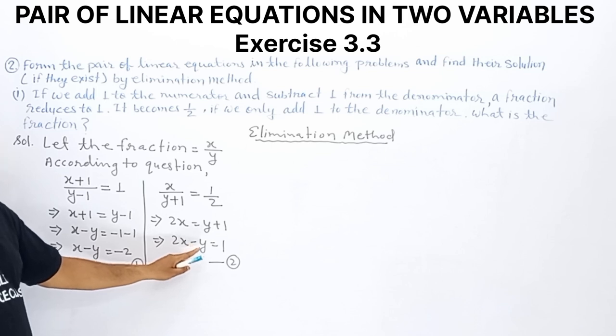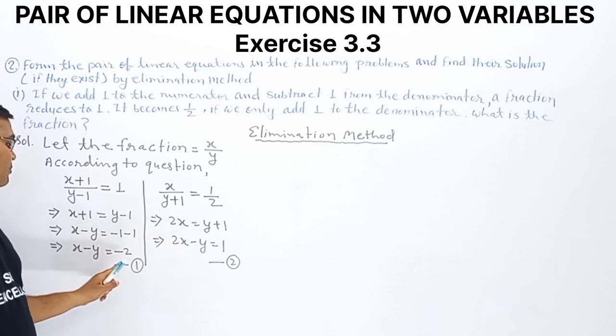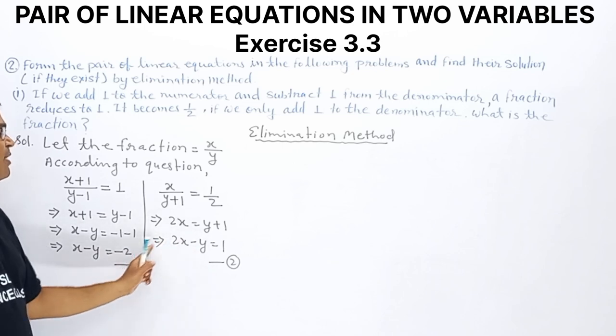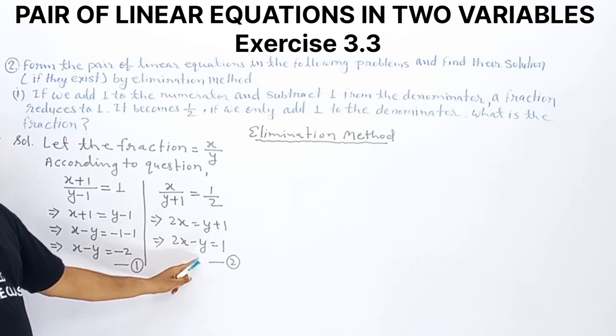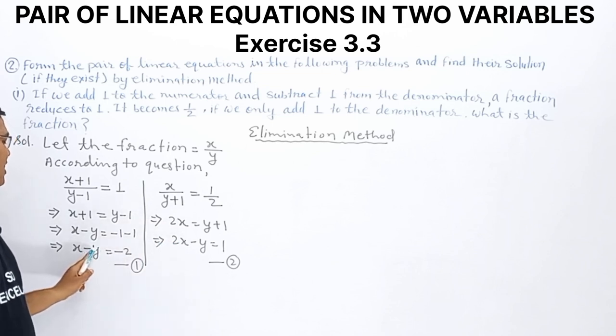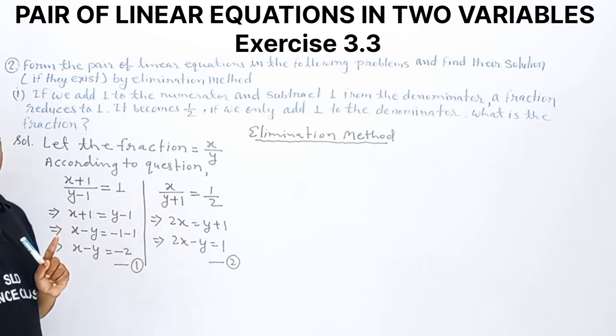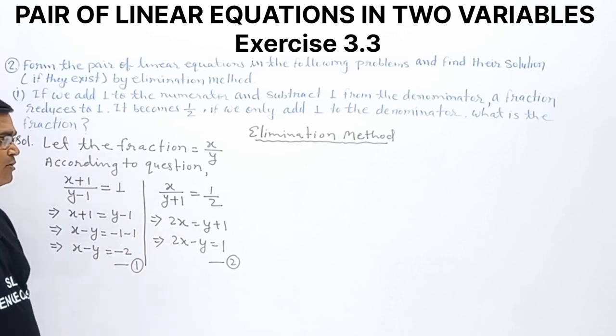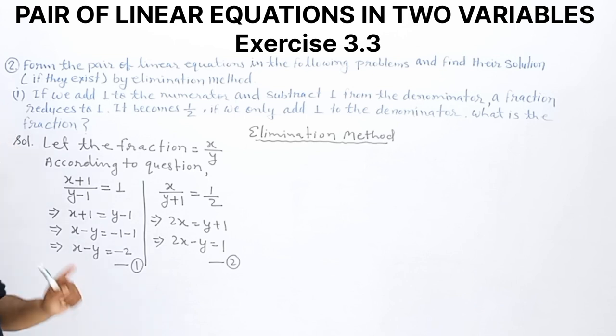There is no necessity to multiply coefficients because there is a minus y and there is a minus y. No other constant we are having, so no necessity to multiply. Directly we will subtract equation 1 minus equation 2, then we can eliminate one variable.